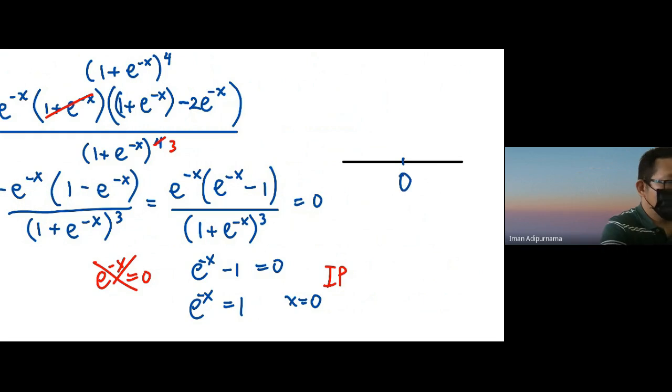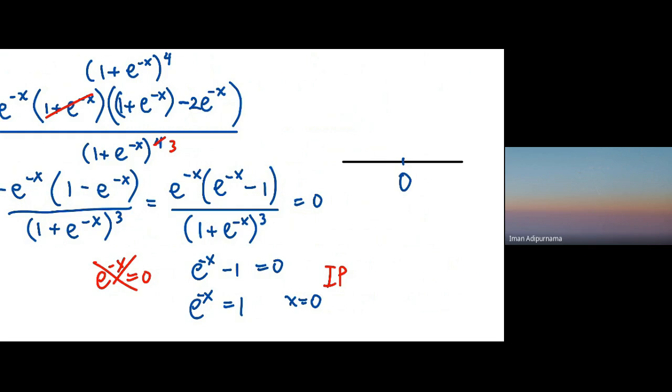This 0 here, checking x negative. So if x is negative, then all will be positive, right? If this is negative 1, it's just plus 1, plus 1. So it's all positive, right?